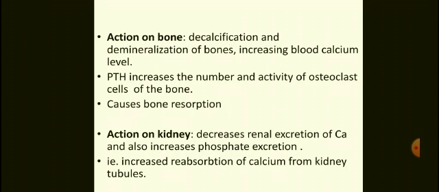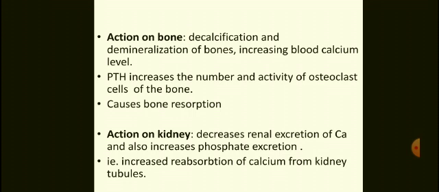Its action on bone: it causes mainly decalcification and demineralization of bones, increasing blood calcium level. So unlike calcitriol, here parathyroid hormone is causing demineralization of bones. Calcium is not entering into the bones, thereby it increases blood calcium level.